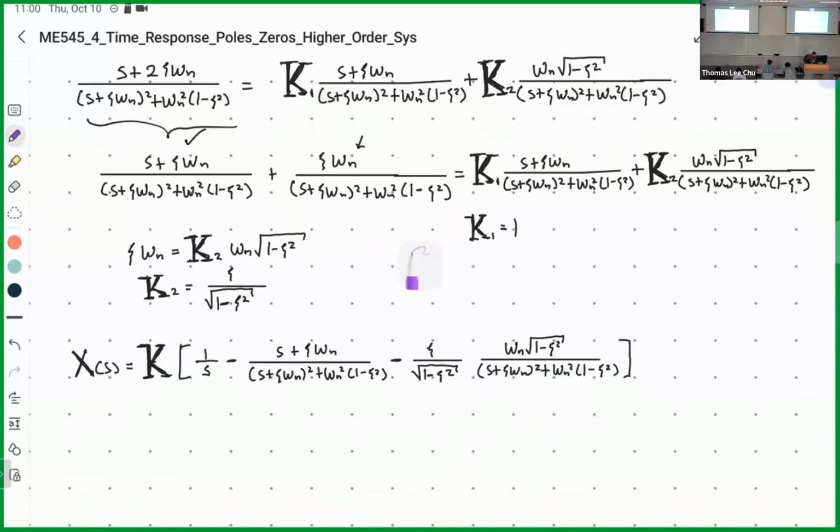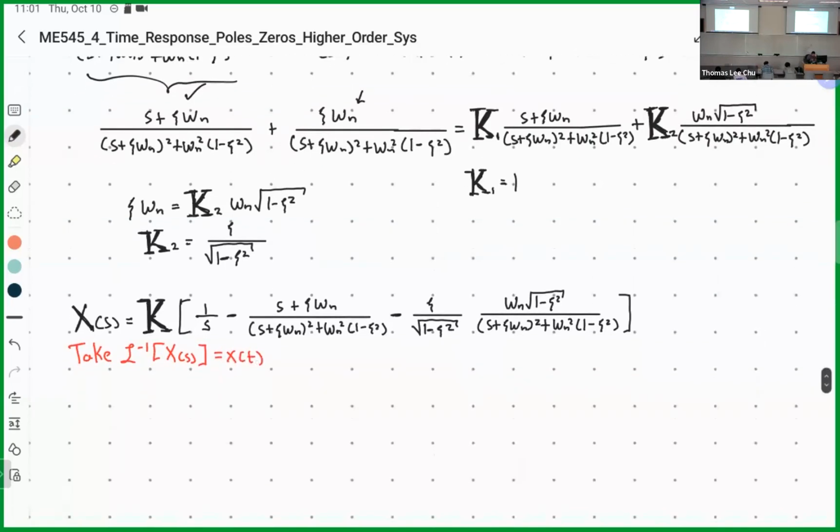So take the inverse Laplace transform of x of s to get x of t. We're tracking the position of this mass spring damper system. And we get x of t is equal to some constant k.